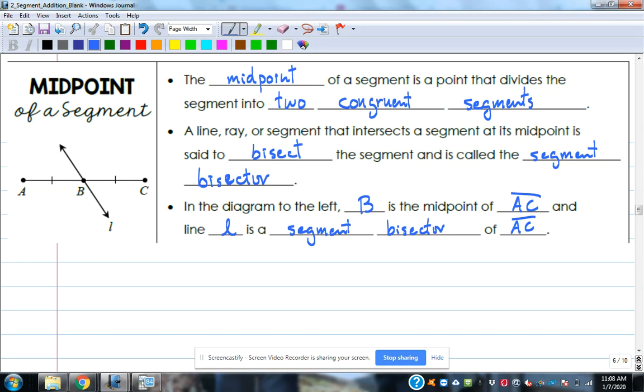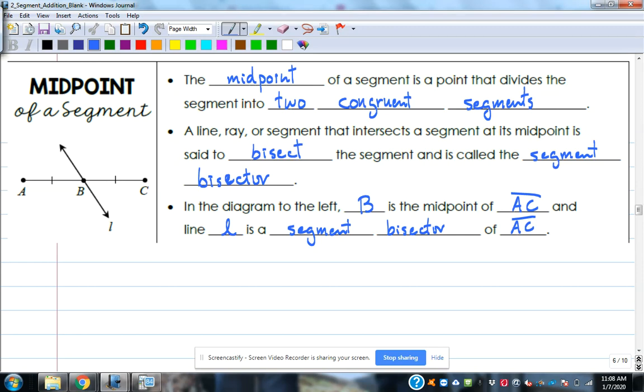Because those segments are congruent to one another, we know that B is the midpoint. Because B is the midpoint, it makes those segments congruent to one another. So all that is kind of recursive, and it goes around and around.